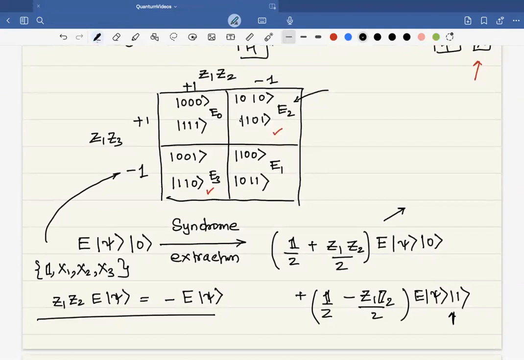And similarly, if let's say the error was on the third qubit, then Z1, Z2 E psi will be equal to E psi.